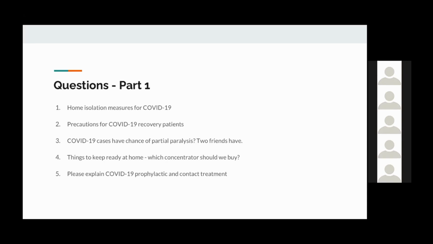And also about post-COVID care. Now, this is also a very important topic. Most people who have mild or moderate illness think that after 15 days, the illness is over. I can go back to and jump into my normal daily routine.